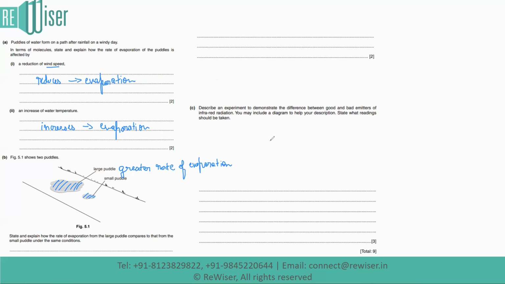With these suitable measurements made, we can find out which are good and bad emitters of infrared radiation, simply owing to the fact that a good emitter of radiation will cause the change in temperature much faster than that of a bad emitter.